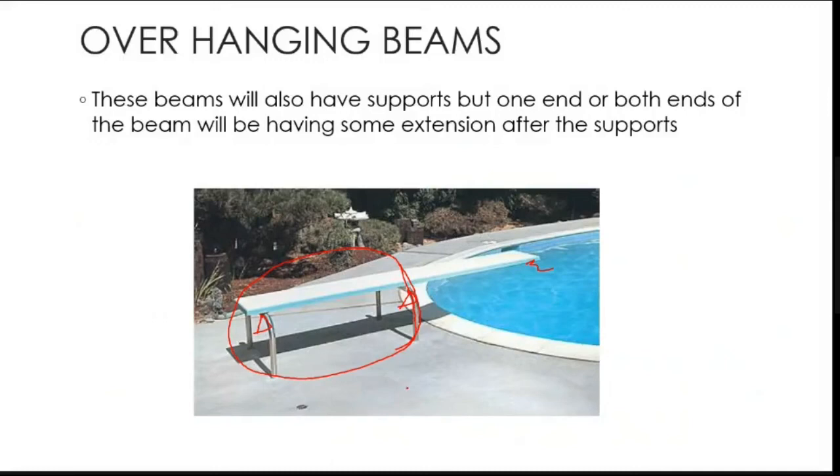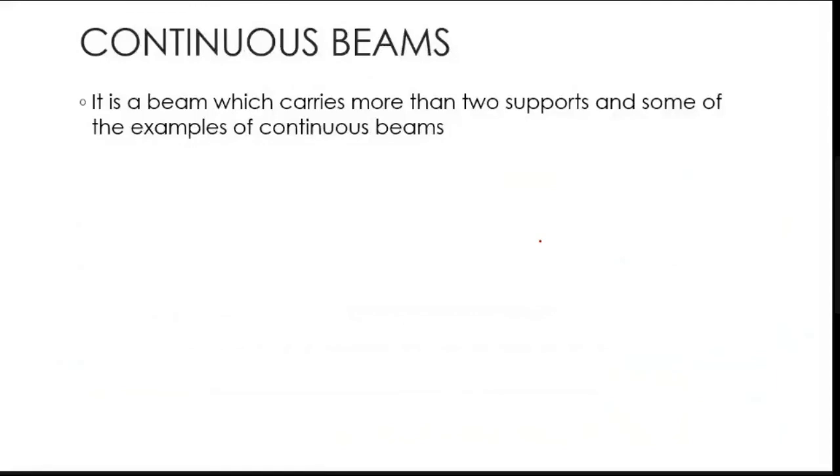So what is the main application here? You have maximum deflection in these types of beams, so it gives a spring type of effect, right? Which can be used for jumping. Something like that. Next, continuous beam.